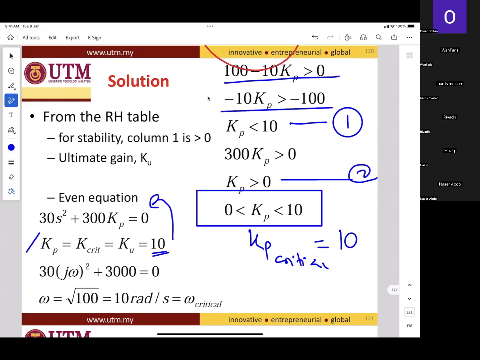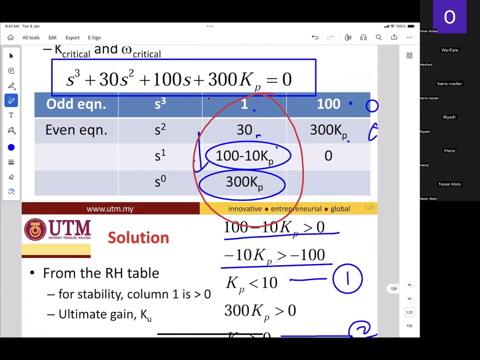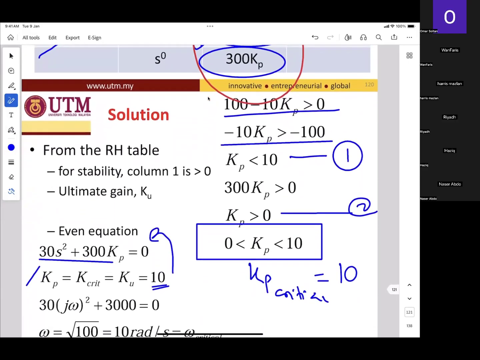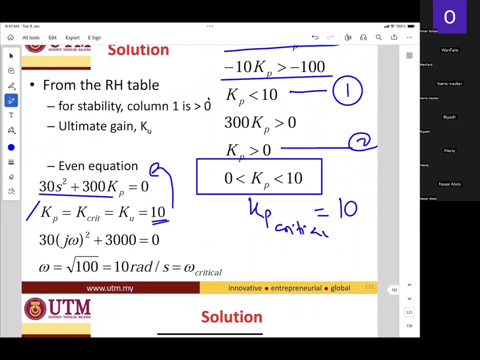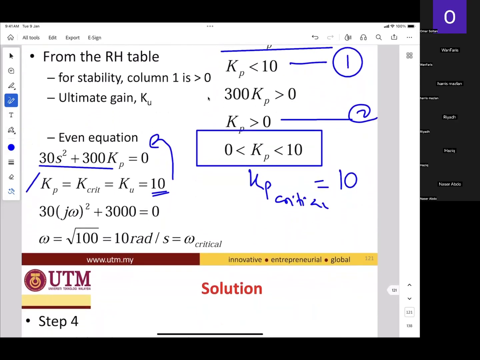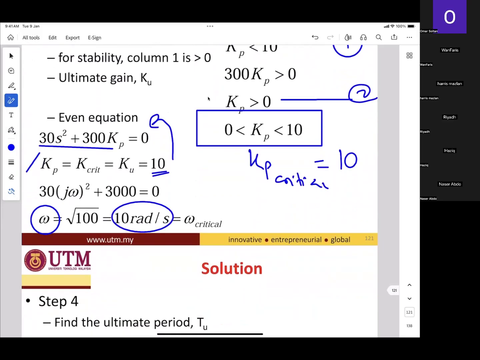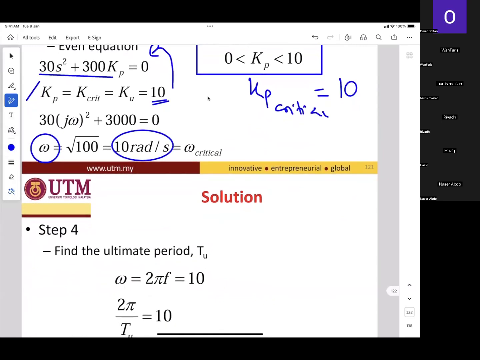The even equation is 30s squared plus 300 Kp, which you get from the Routh array over here, line s squared. Insert the value of 10, then simplify and find omega. So omega is equal to 10 radian per second.